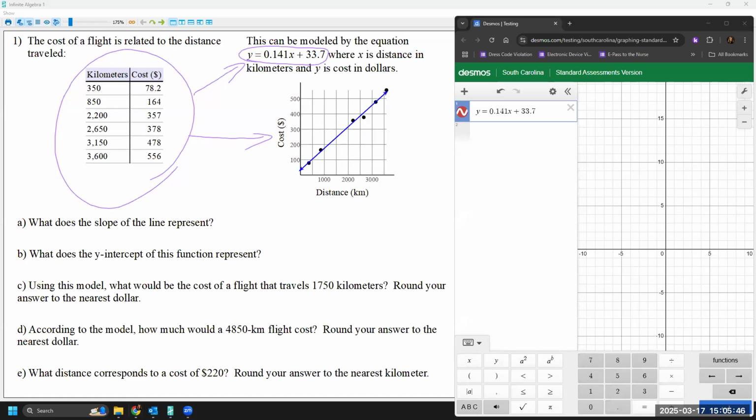So the first two questions, it says, what does the slope of the line represent? Now, slope, I'll write this over here.